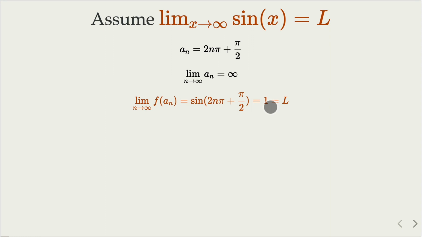We found two sequences satisfying the same criterion, but the function values along them go to different limits, L equal to 0 and L equal to 1, which means the limit does not exist. So that's one method of proving in a more rigorous way that the limit of sine x at infinity does not exist.